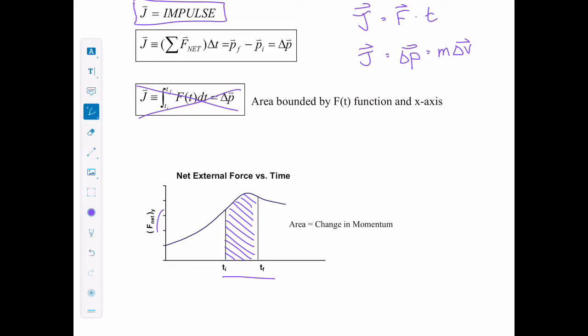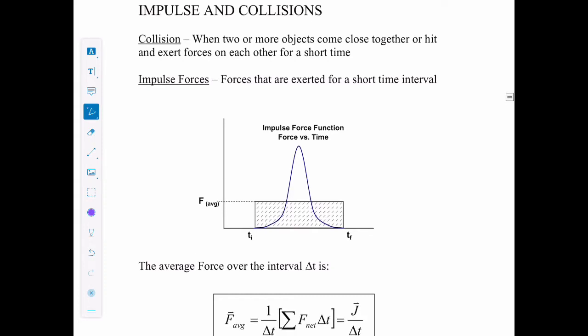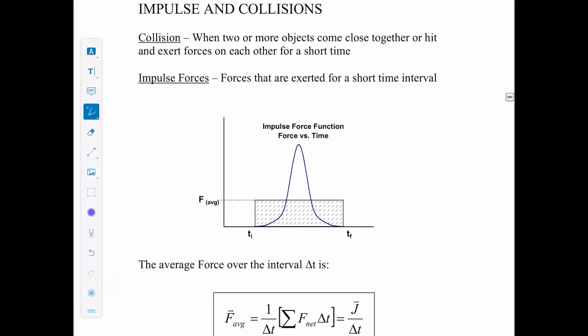All right, so next page, again, I'm trying to keep this as simple as I can for you guys. Impulse and collisions. If you think of a collision, what the graph of that force looks like is this spike right here. Essentially, the force is going to start small, it's going to spike, and then it's going to come right off.